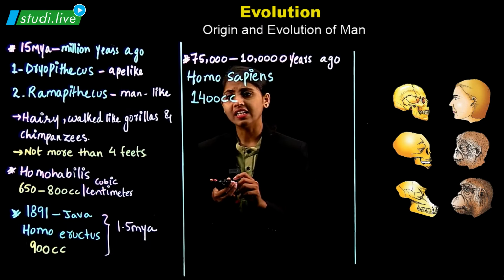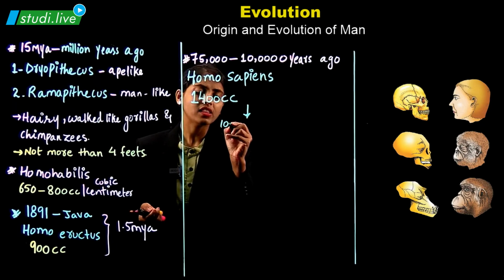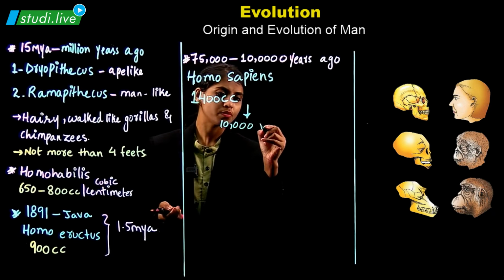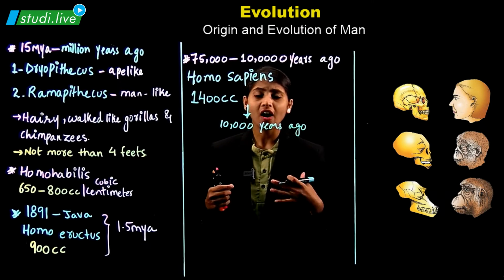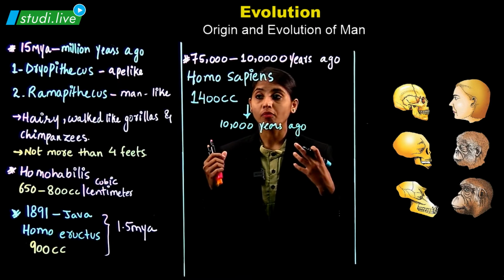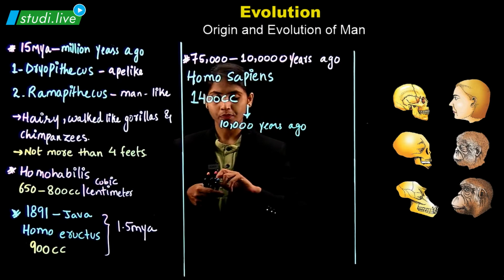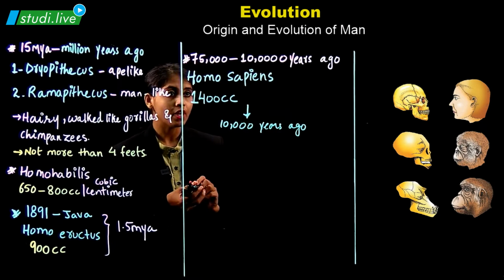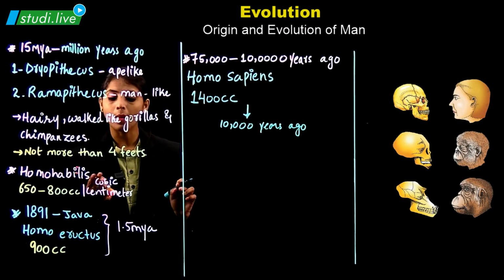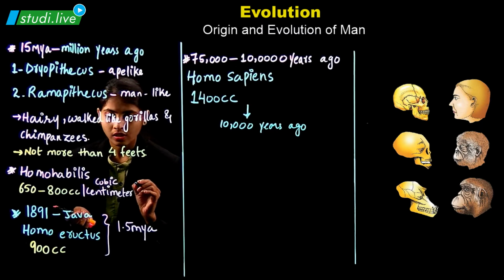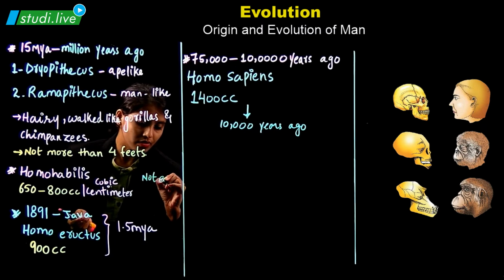After that, in the later stage, over 10,000 years ago, we found men of a Homo species which were more developed. However, these Homo sapiens and Homo habilis were found not to eat meat.